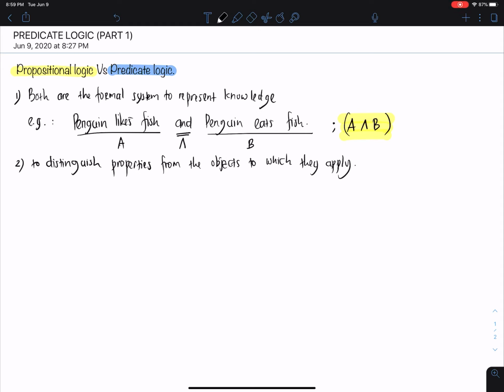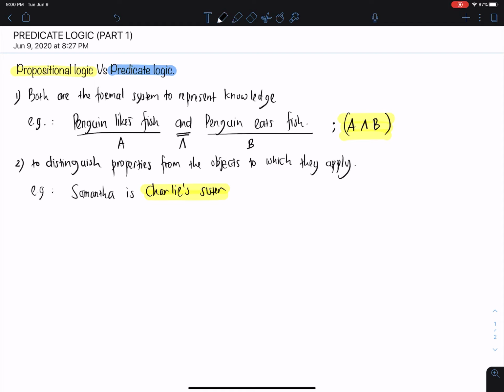Propositional logic doesn't have this kind of capability. For example, to say Samantha is Charlie's sister. To state this kind of property, propositional logic doesn't have the functions to do that.